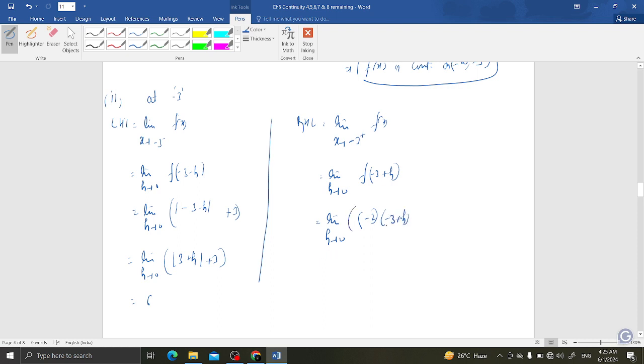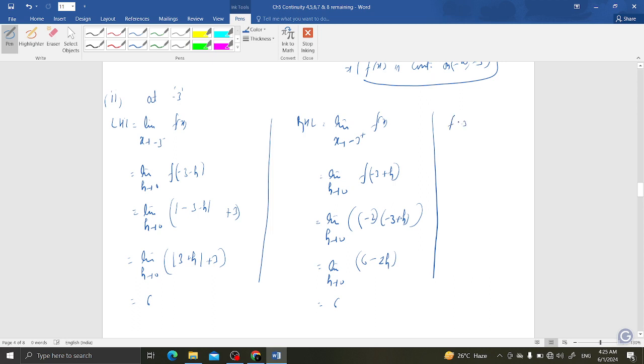If we multiply, we get 6 minus 2h, and if we apply the limit, we are getting 6 only. So this is our LHL and RHL, both are the same, hence the limit exists.